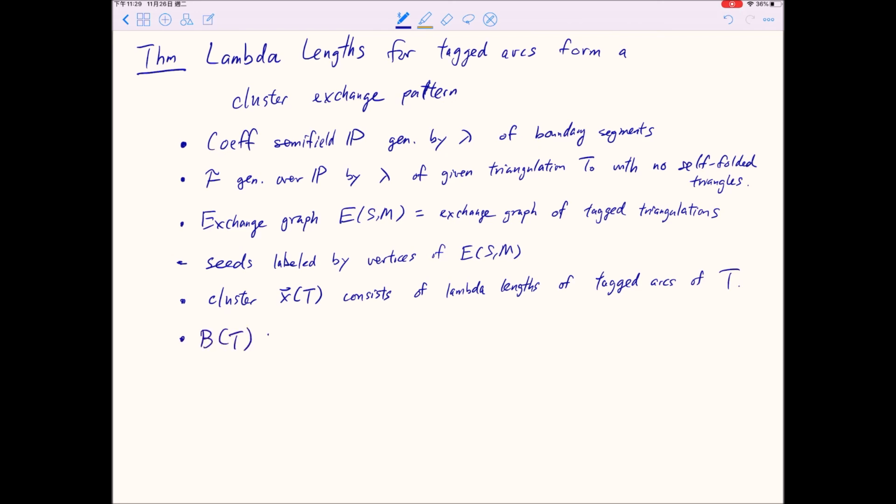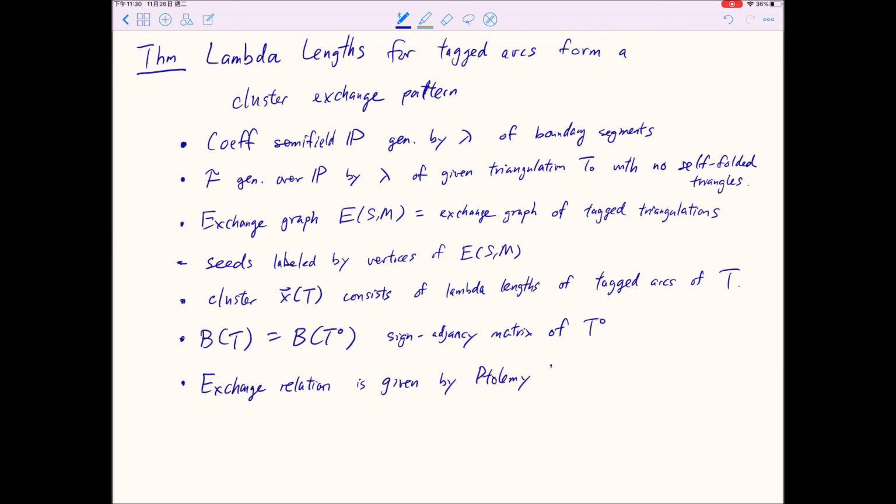The exchange matrix is what we have done before. It's just a sign adjacency matrix of the untagged version of your tag triangulation. The exchange relation we have is then just given by the ternary relation and the diagonal relation that we have described on the lambda length.